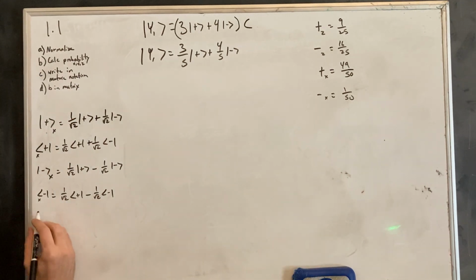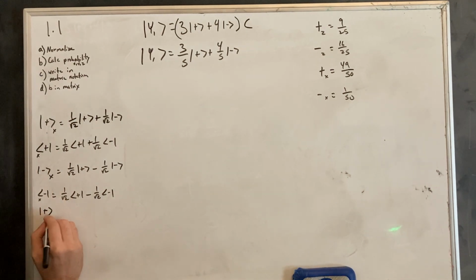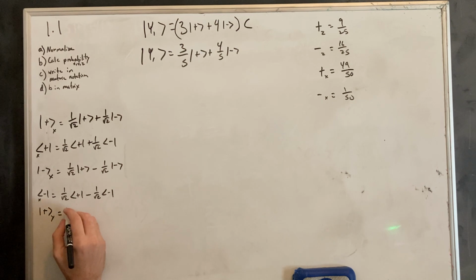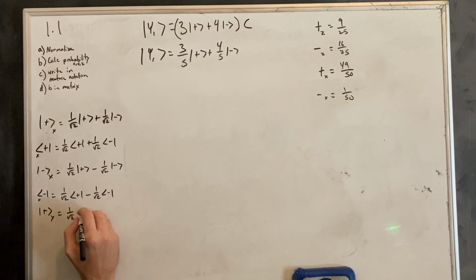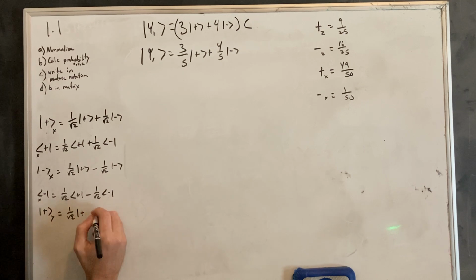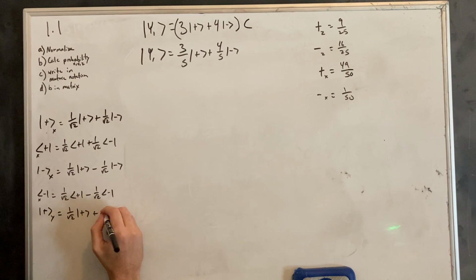I'll write this again over here. So our plus in our y direction, if you remember, what was it? I think it was 1 over root 2 up plus i 1 over root 2 down. Is that right?